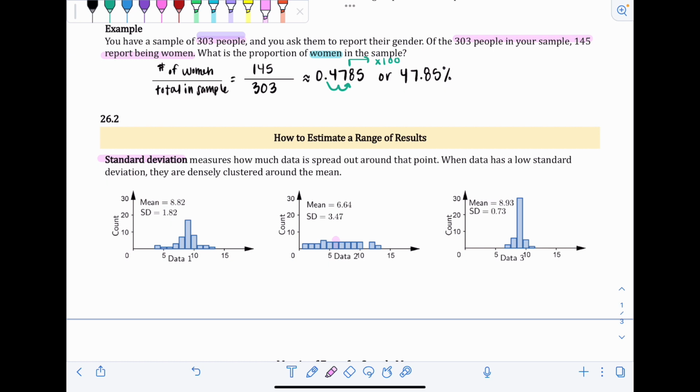You can see the standard deviation is higher than in the first graphic. It's 3.47 here, and the data is more spread out. In the third graphic on the far right, the mean is 8.93, so it's around right here. The standard deviation is really low, only 0.73. You can see a lot of the data is right around that mean, very densely packed in there.